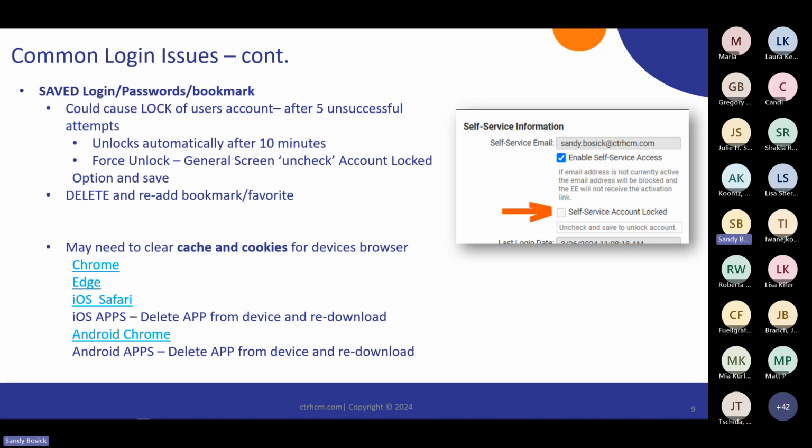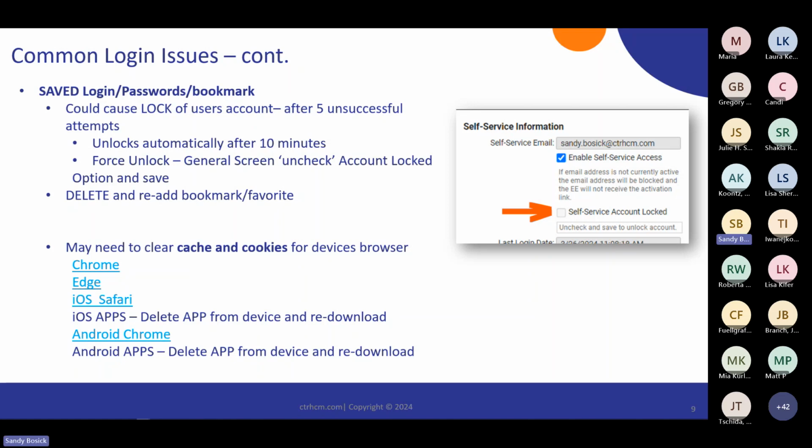Since the enforcement of MFA, multi-factor authentication, those now get redirected to identity.myisolve.com. So we saw some issues there. In those particular cases, you want to delete and re-add the bookmark in order for those new credentials, the new information on that platform, to be used.